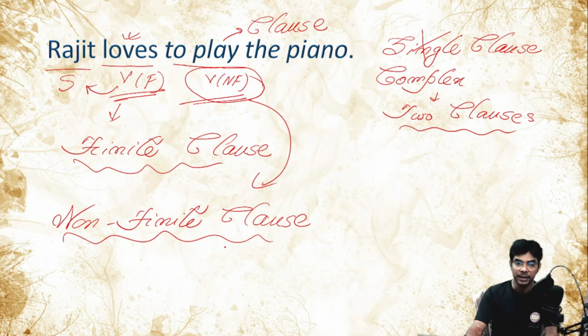So far, you have called them phrases. Rajit loves what? To play the piano. And you say, so this is a noun phrase. Yes, that's it. Because you have been taught whenever there's a finite verb, there would be a clause, but a phrase doesn't contain a finite verb.